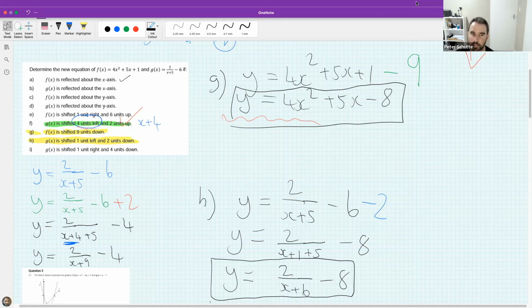We then spoke about how we can reflect functions over the x-axis and y-axis, and we did some examples with parabolas and hyperbolas, but these rules will also work for straight lines and exponentials. They don't just work for these two, they work for all algebraic functions. And then in the second half of the lesson today, we learned how to shift graphs left and right or up and down.